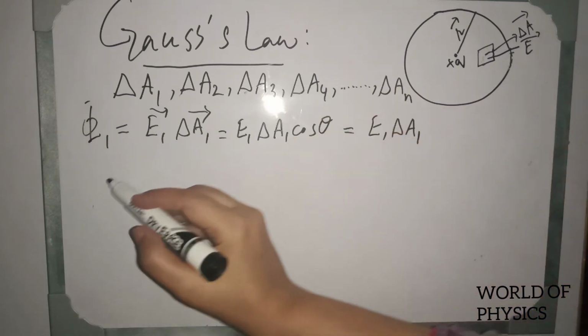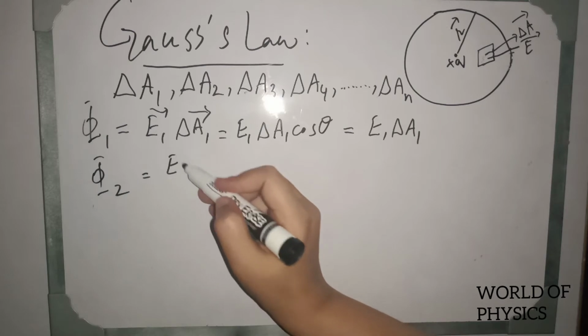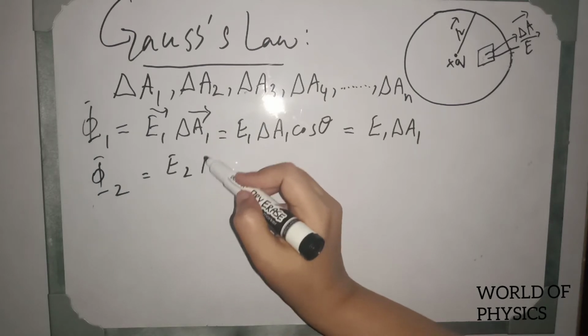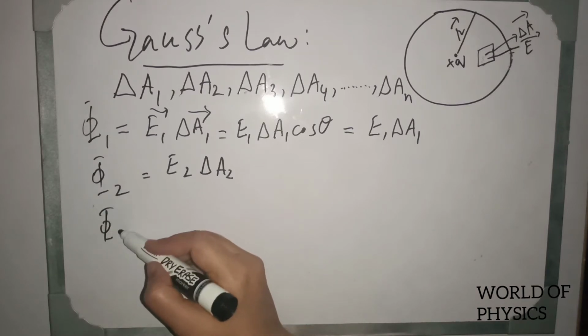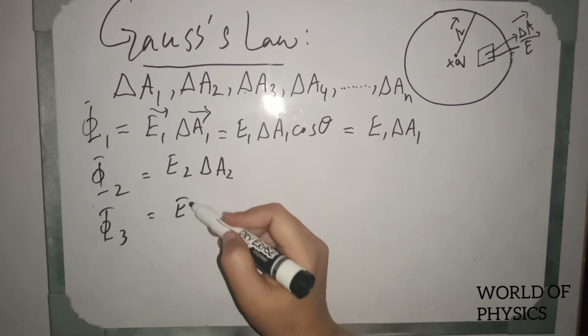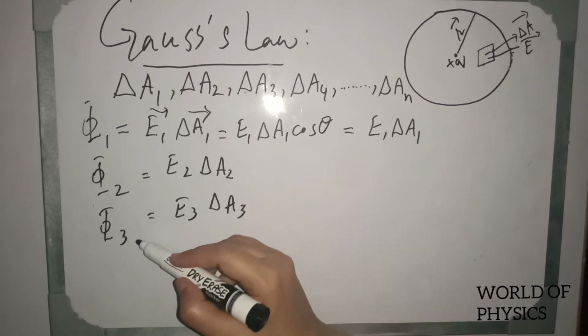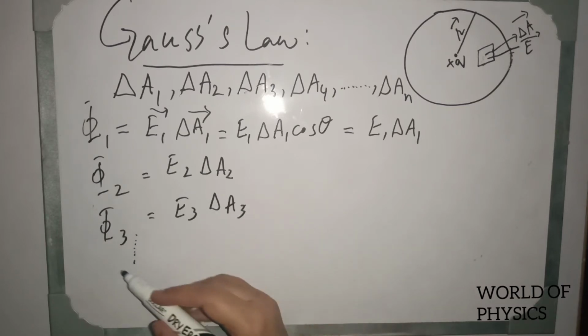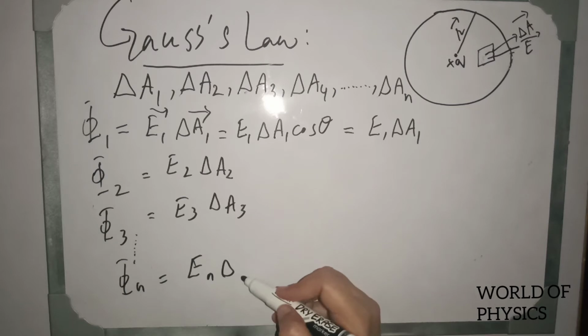In the same manner, phi 2 will be equal to E2 delta A2. In the same manner, phi 3 will be equal to E3 delta A3. And if we go up to n, then phi n will be equal to En delta AN.